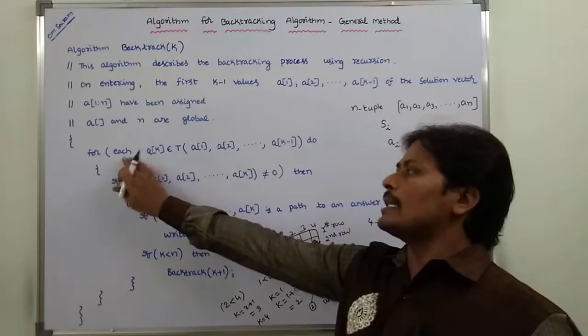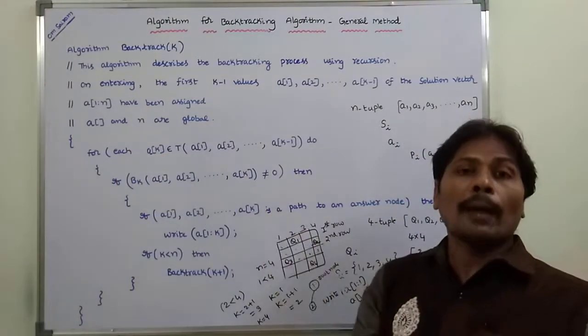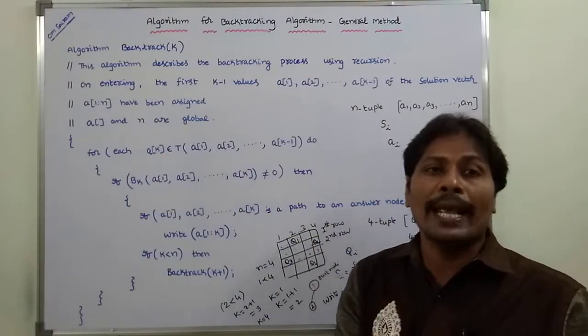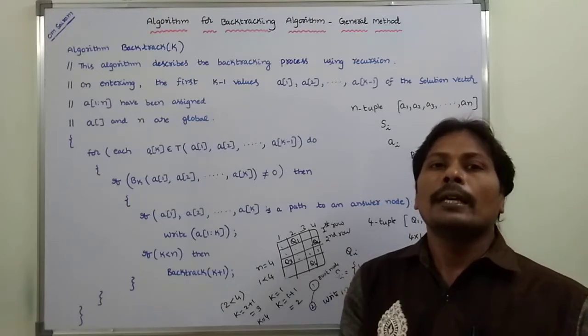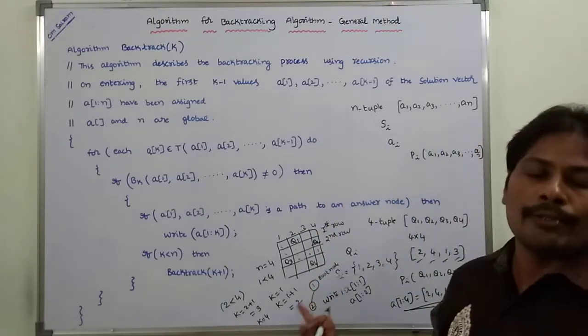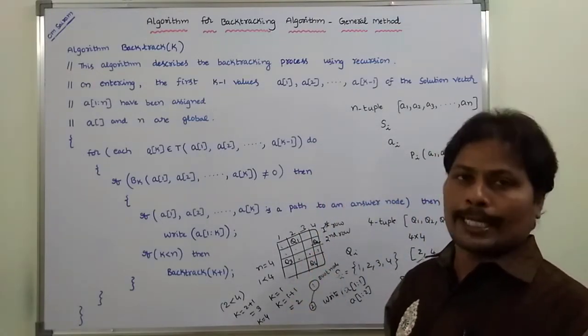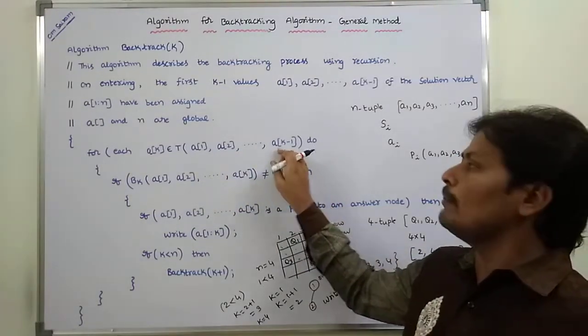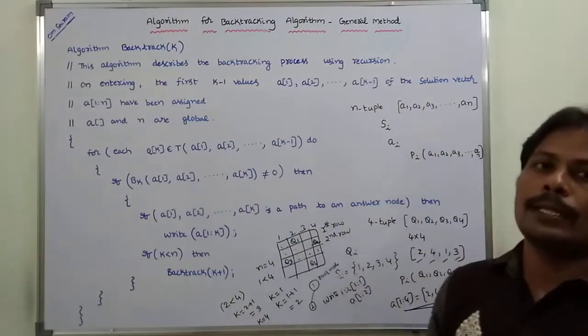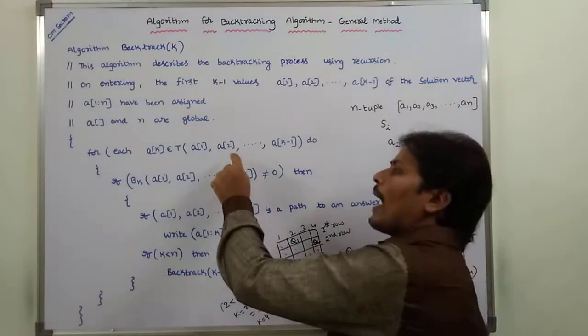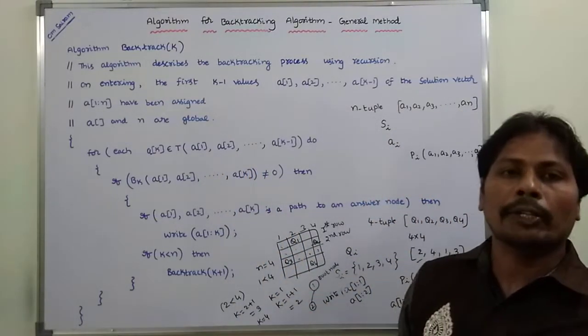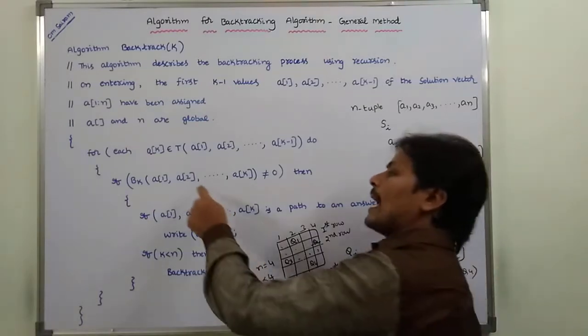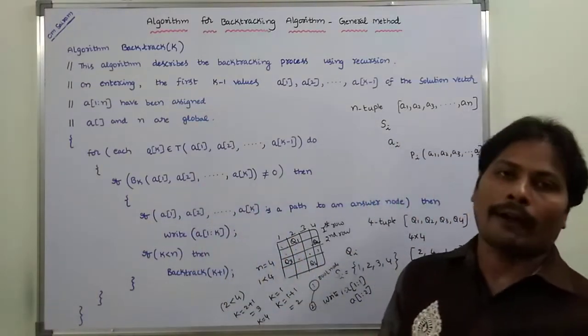So for each a of 1, what are the possible values for placing first queen in the state space tree for 4x4 chessboard? These possible values can be taken from capital T set. Whatever the value that can be taken for queen 1, it satisfies the bounding function or not.